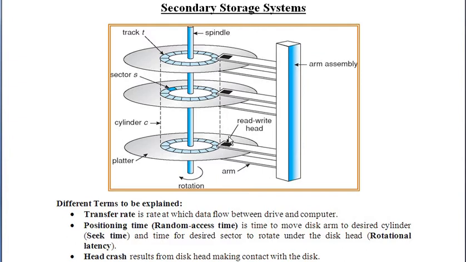I repeat, reading or writing of information is done through what you call the read write head, which is connected to an arm, which in turn is connected to an arm assembly. So here I have 3 platters, then I will be having 3 arms and a set of 3 read write heads, below and here.